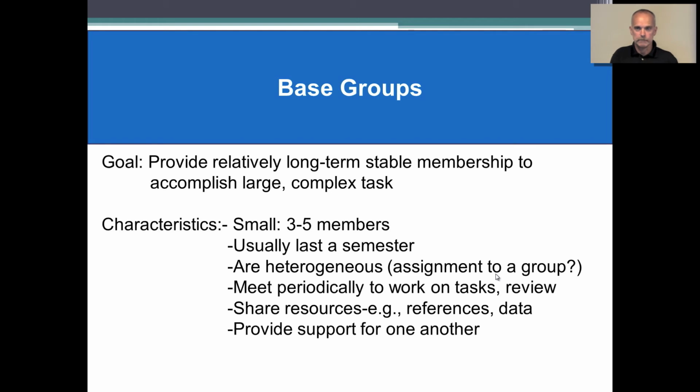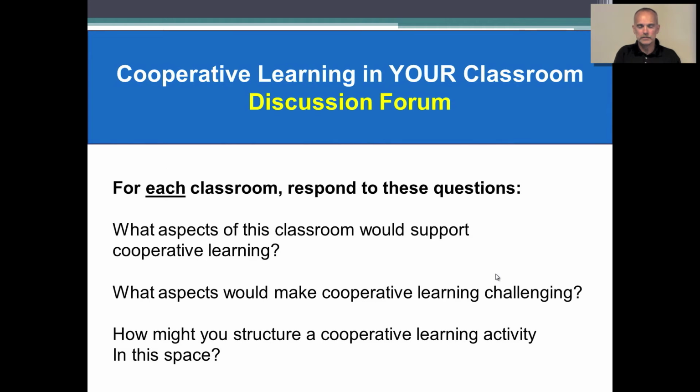So again, in these small groups, it's easier for people to be engaged, and make sure that when you're setting up your assignment that you're training students to work in the group. Make sure that you're telling them the ground rules, that you want these base groups to be supportive, helpful environments for them.